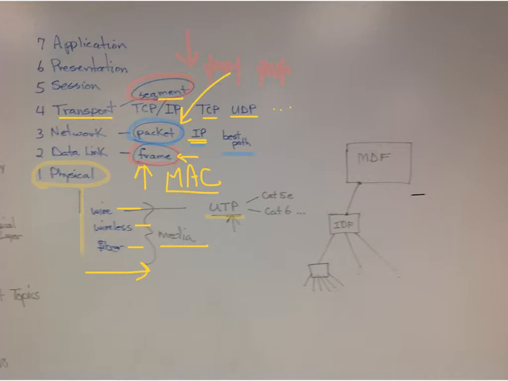unshielded twisted pair wire. We talked a little bit about category 5 and category 6. And we got then discussing the restrictions. We talked about main distribution facility, intermediate distribution facility, intermediate distribution facility.